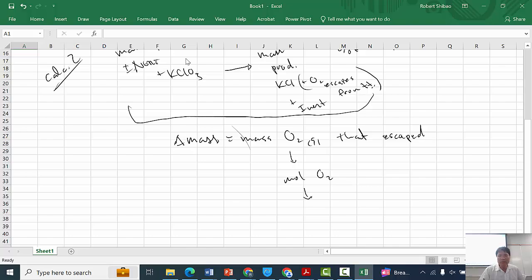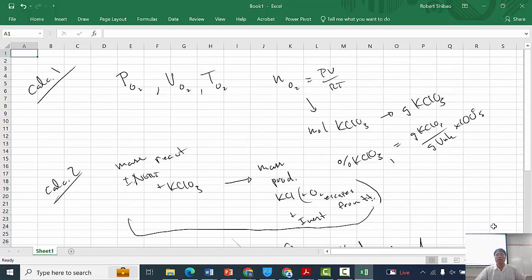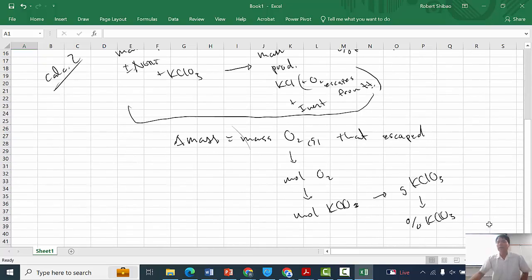From the moles of oxygen, we'll get the moles of KClO3 using the equation. From the moles of KClO3, we'll get the grams of KClO3. And then from the grams of KClO3, we'll get the percent KClO3 in our mixture from calculation 2. And so we're going to calculate the percent two ways. Calculation 1 and calculation 2, hopefully they come out the same. They're supposed to come out exactly the same.